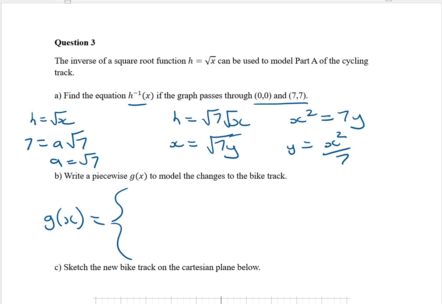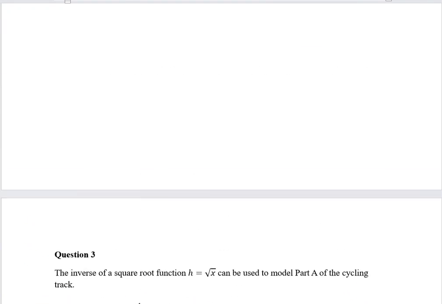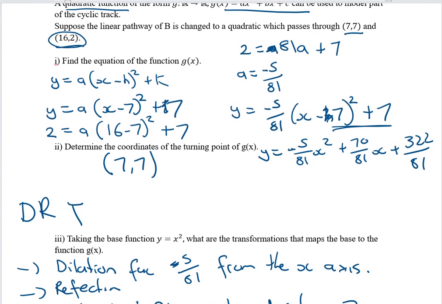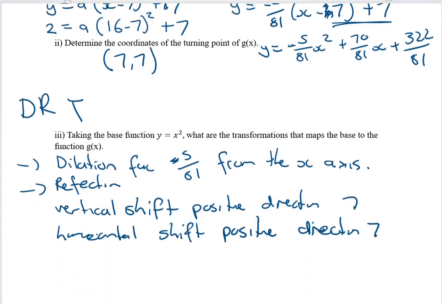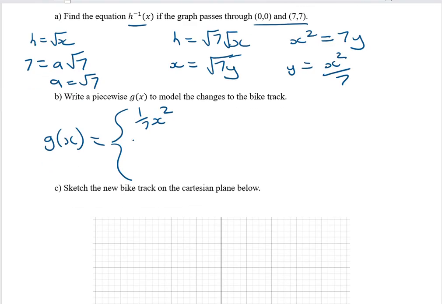So our A is going to be 1 over 7x squared. Our B, I'm just double checking, is negative 5 over 81 (x minus 7) squared plus 7. And our C hasn't changed, it is just going to be 2.